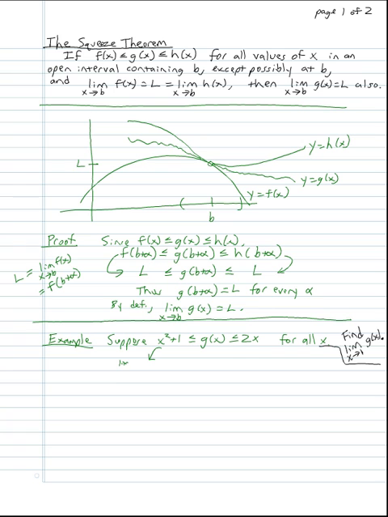Let's take the limit as x goes to 1 of x squared plus 1 here on the left. That would be equal to 1 plus alpha squared plus 1, right? If we want to take the limit as x goes to 1, we plug in 1 plus alpha. So that gives us 1 plus 2 alpha plus alpha squared plus 1, which is 2, because we can throw away our infinitesimals as we approximate.